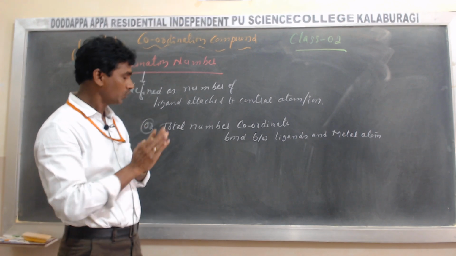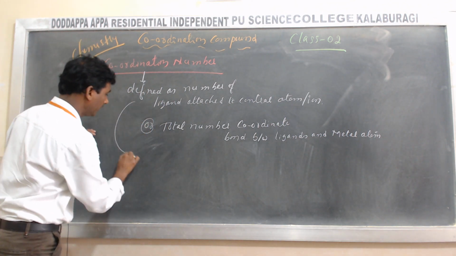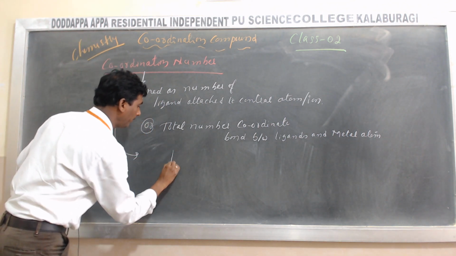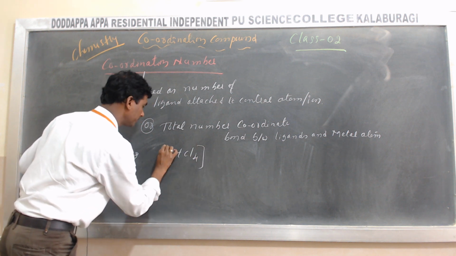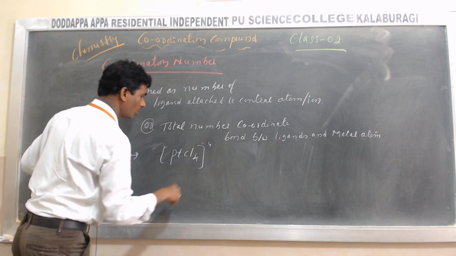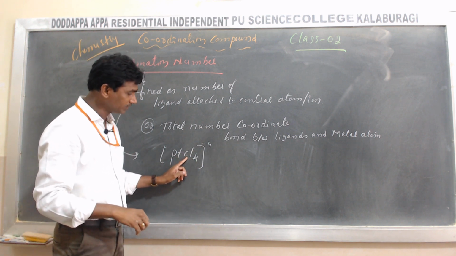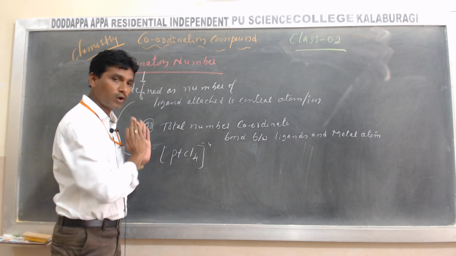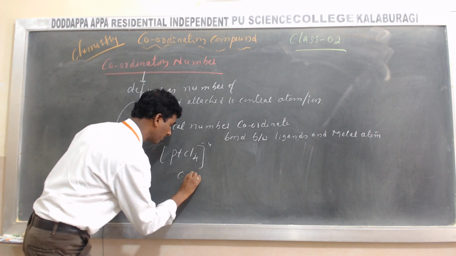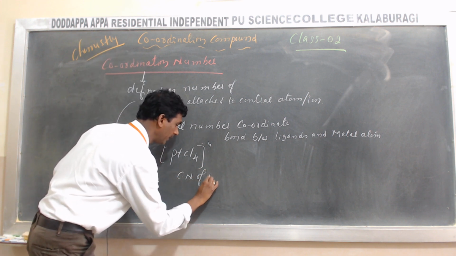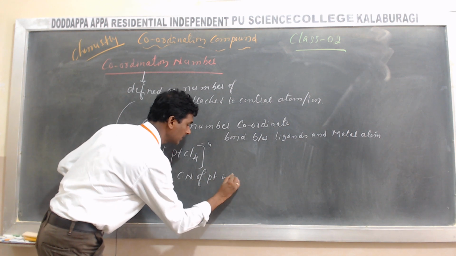Monodentate ligands. For example, here I can write [PtCl4]2-. How many ligands are attached? 4 ligands are attached, so the coordination number of platinum is 4.